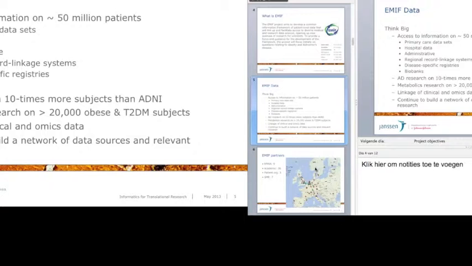There will be a lot of effort that we will need to put in EMIF into data harmonization, ontologies, making sure that we understand the data in the different cohorts and population-based studies, and that we can match those, so that we can do across-trial queries in a way that makes scientific sense.